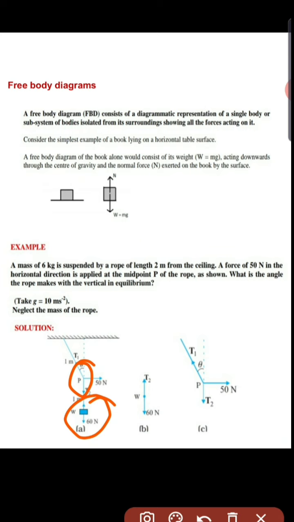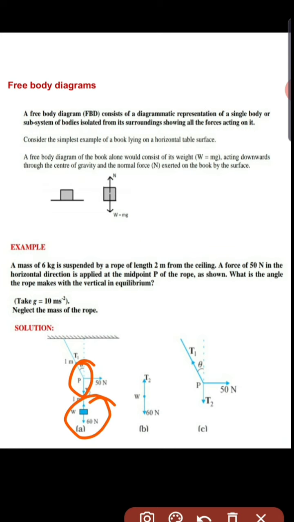And the tension along the string towards the point of suspension also will be there. That tension is marked as T1, acting towards the point of suspension. These are the three forces acting. And T2 we have already obtained as 60 Newton.